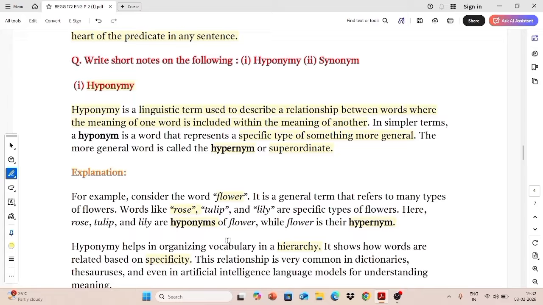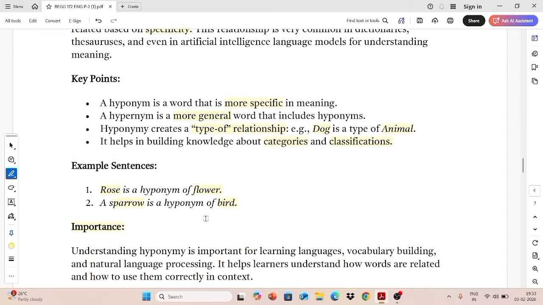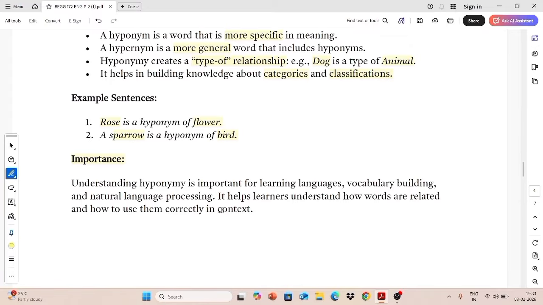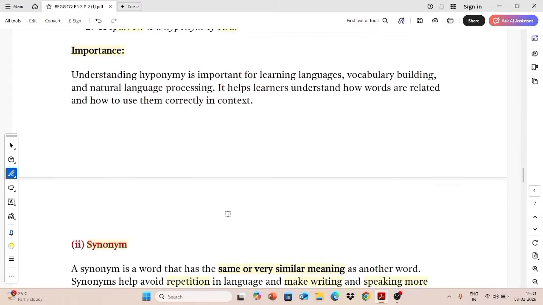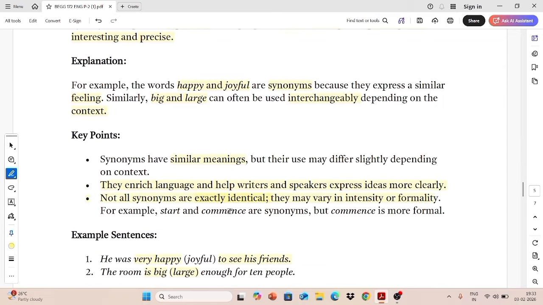This shows how language structures knowledge. Synonyms, on the other hand, help us to vary our language. It helps us avoid repetition. But we must also remember that similar words may differ slightly in tone or formality, even though the words may be similar.